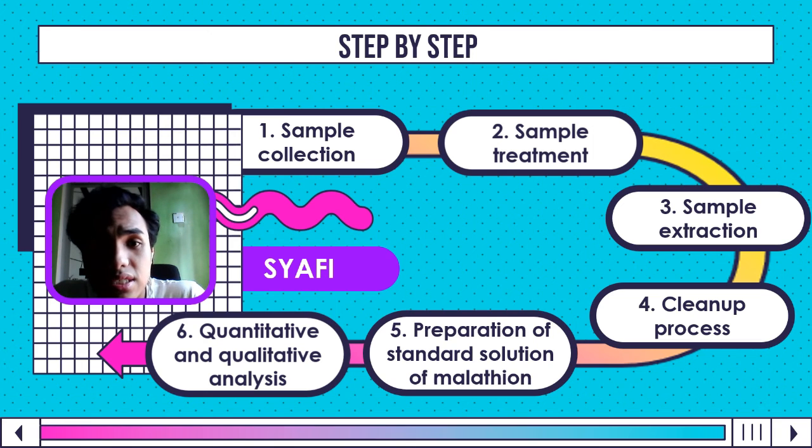And the 6th and last step is we must do a qualitative and quantitative analysis of the sample. So when we get the result, we can detect the causes of the pesticide Malathion poisoning in Bangi market.